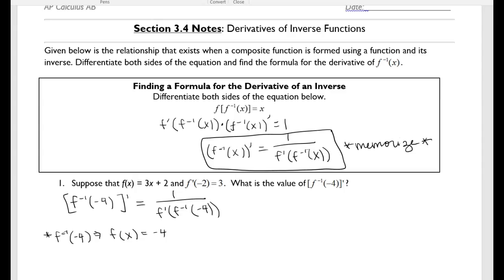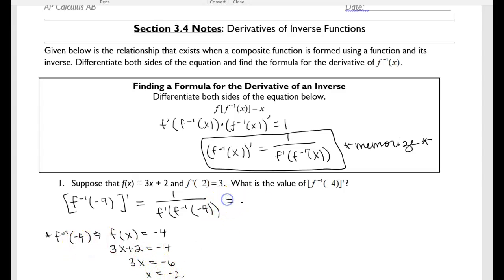We want to figure out what that x value is. And so to figure it out, I'm going to take f of x, it was 3x plus 2, set it equal to -4, and I'm going to solve for x. And so since f of -2 is -4, then f inverse of -4 is -2.